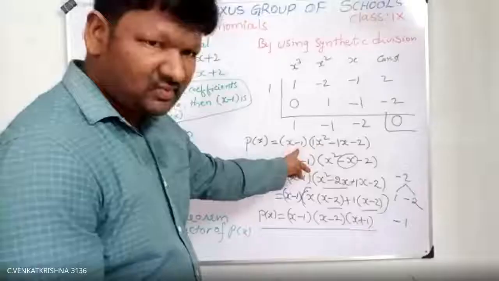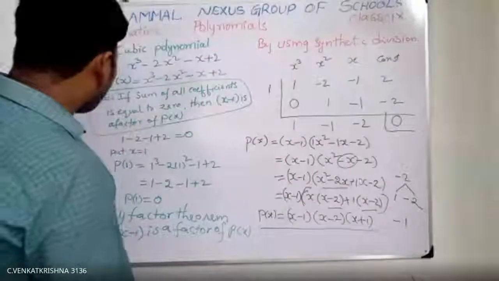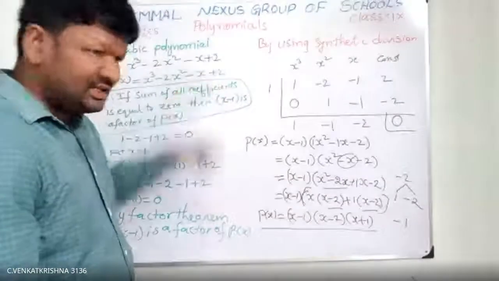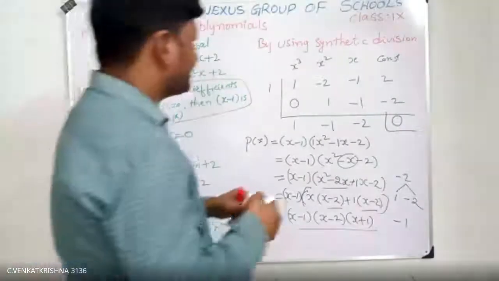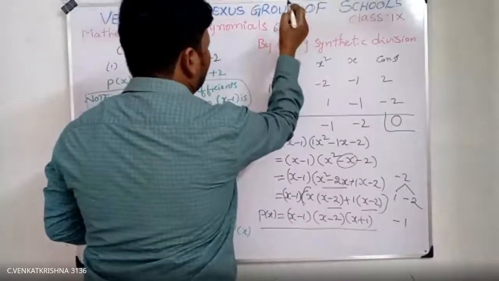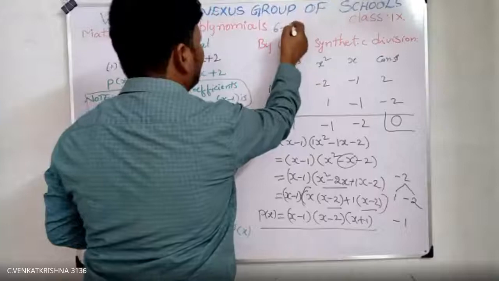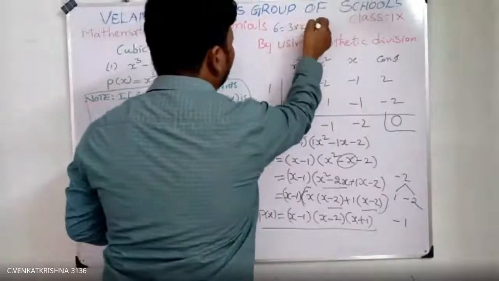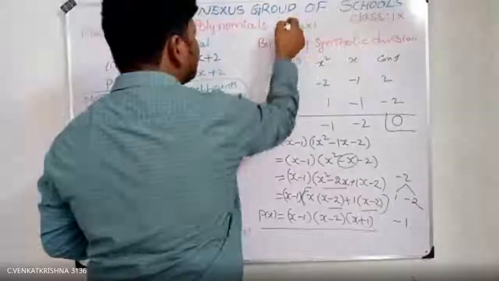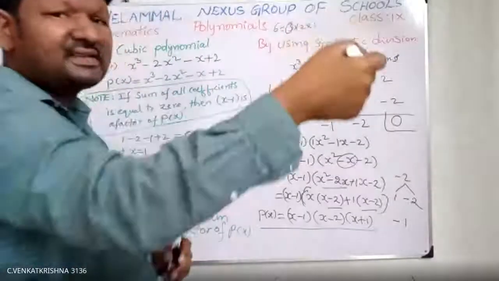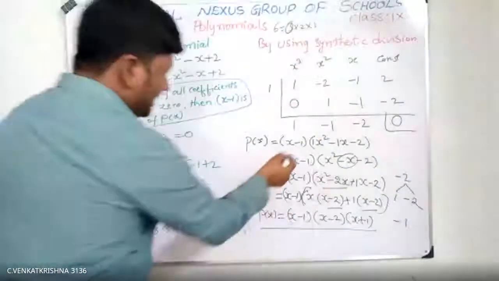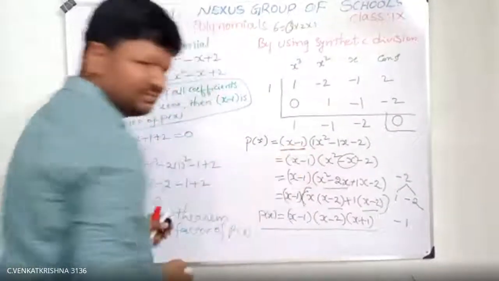So this cubic polynomial I can express, for example, I will take some small number, 6, as 3 into 2 into 1, just consider. Already we found one of the factors.